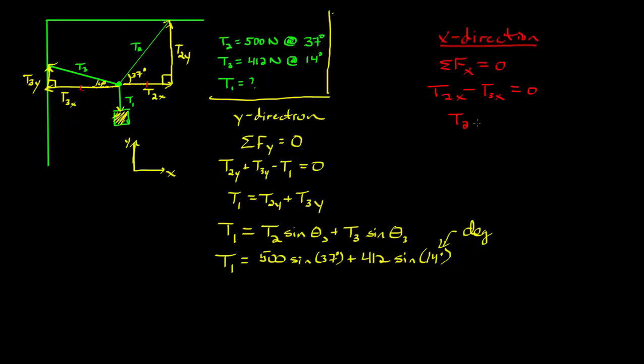So T2x equals T3x. And then using the trig, these are next to the angle, so that's cosine. So it's T2 cosine theta 2 is T3 cosine theta 3. And then I could solve for whatever I wanted. Anyway, this is how we do it. We do y direction and x direction, do them separately. And sometimes you'll use Newton's first law in one of them, but Newton's second law in the other. Anyway, there you go.